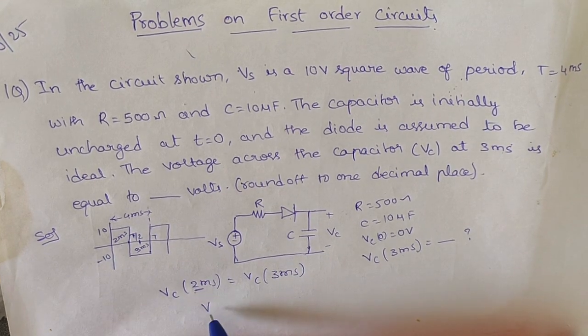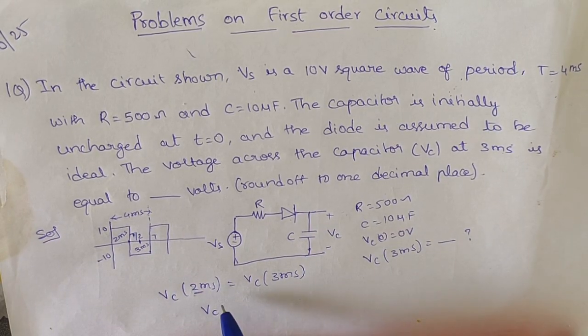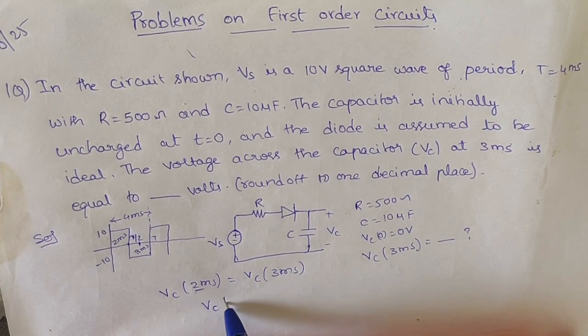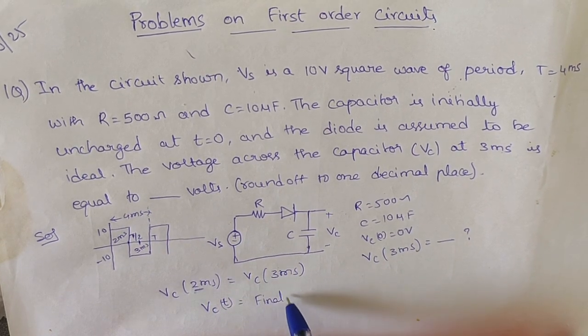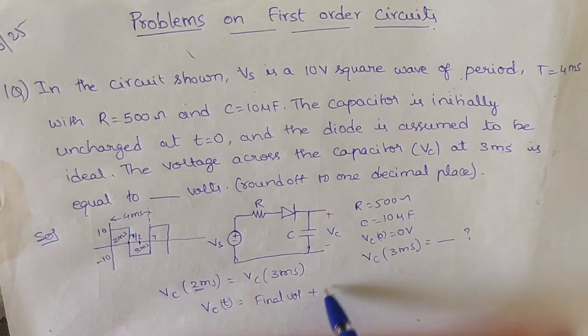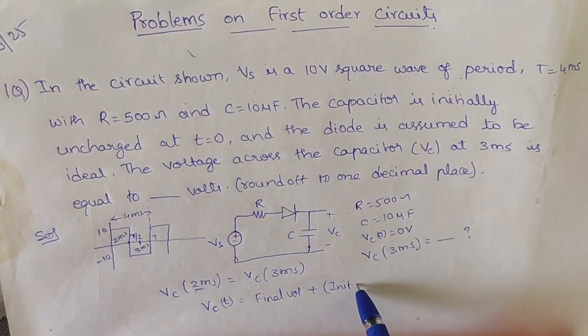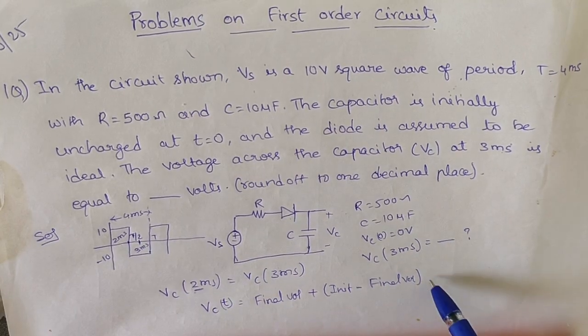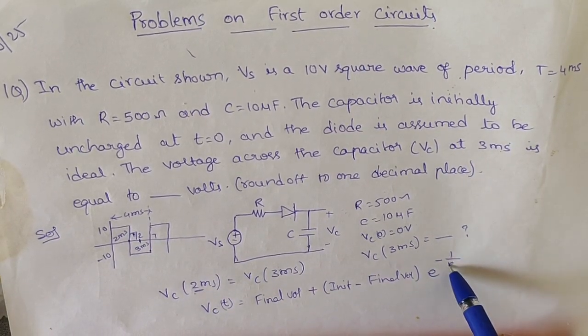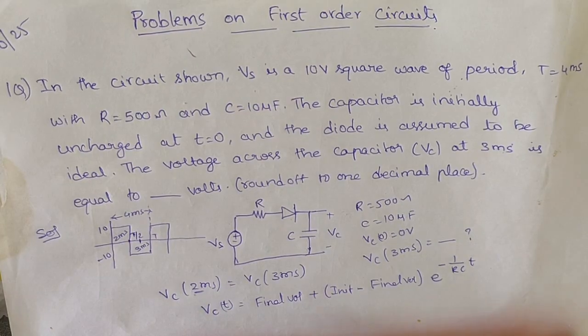We know the voltage across this capacitor, V of t, is equal to the standard equation: final voltage plus (initial minus final voltage) into e power minus 1 by RC into t.